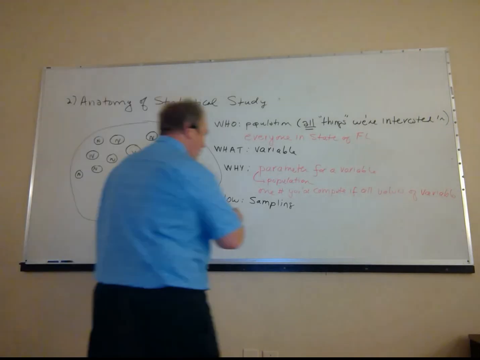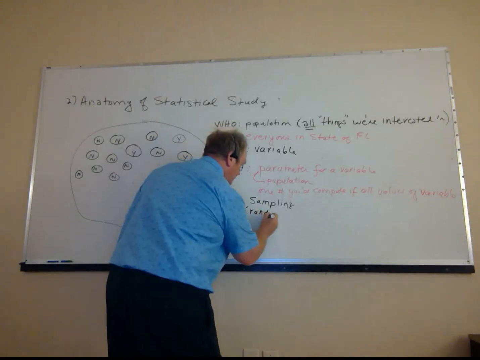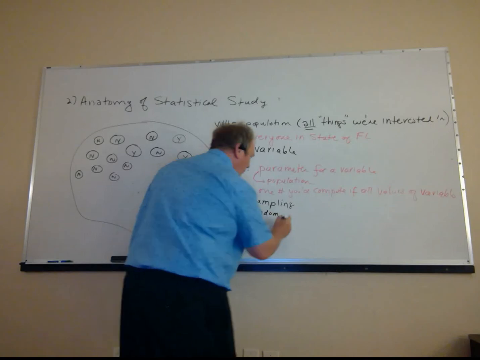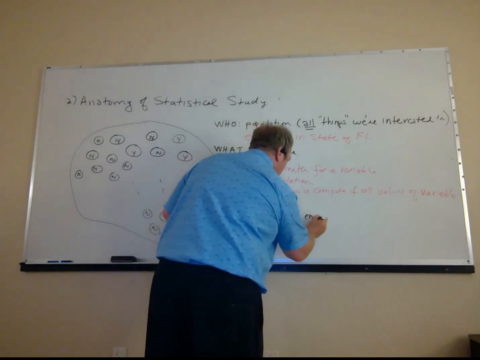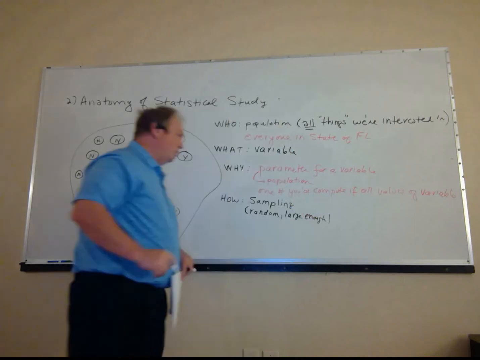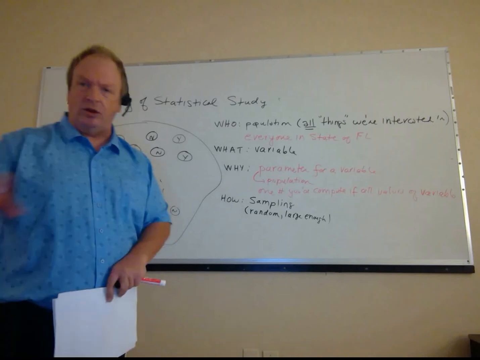So the idea here is that we want the sample to be random, and we want it to be large enough. These are the two main issues with sampling. We don't want a biased sample. We want a sample that looks like the population.